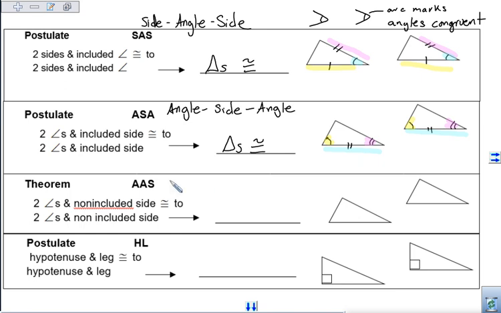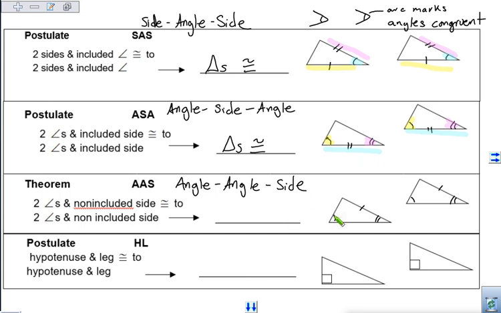Our next theorem is angle, angle, side. So again, we have 2 angles, but this time our side is not being made by those 2 angles. So we'd still have 2 sets of angles marked as congruent, just like we did in the last one. But instead of the side being made by those 2 angles, it's the one not being made by those 2 angles.